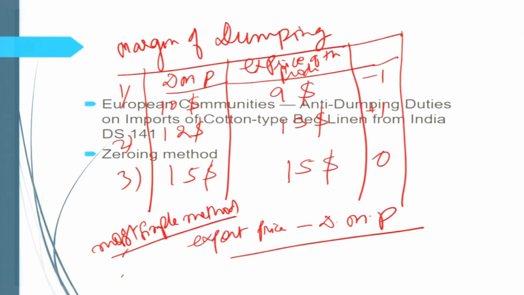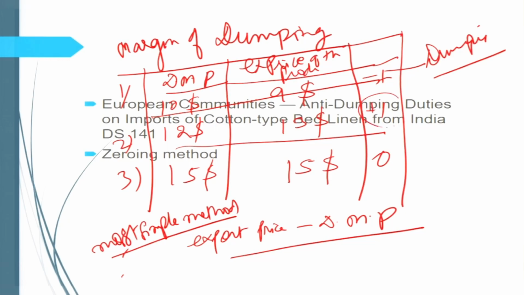Now, in the first case it is very clear that the domestic market price is higher than the export price and we get -1. This is the case of dumping being practiced for sure, because the export price is less. In the second case, export price is higher, so probably no dumping.